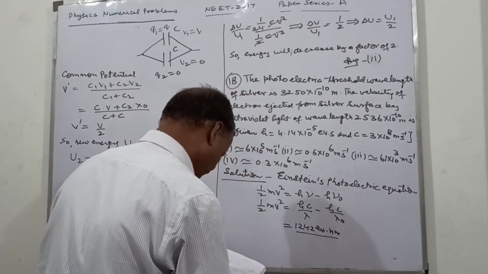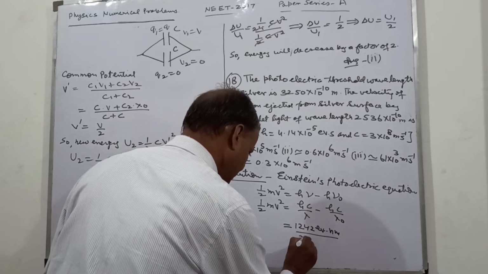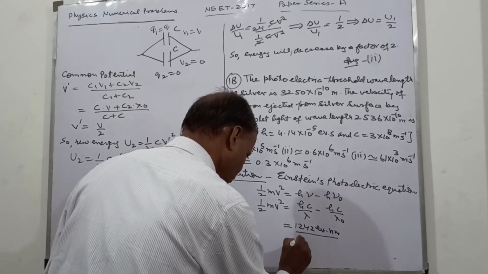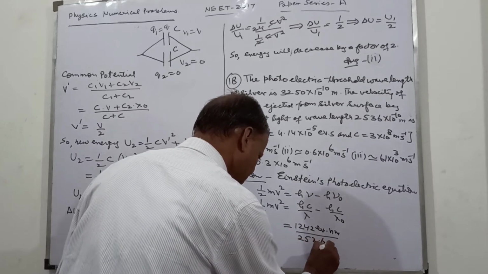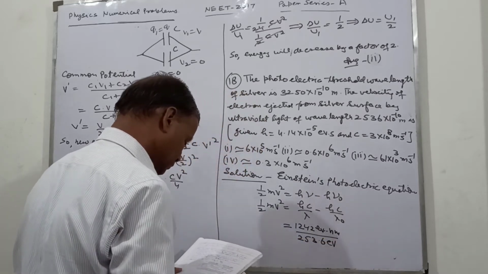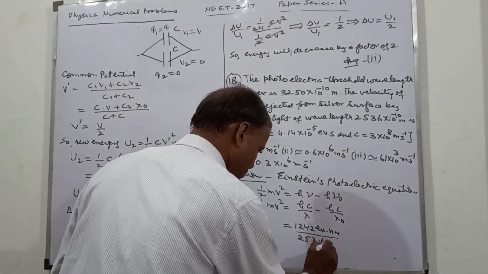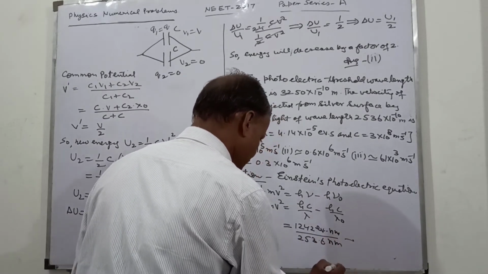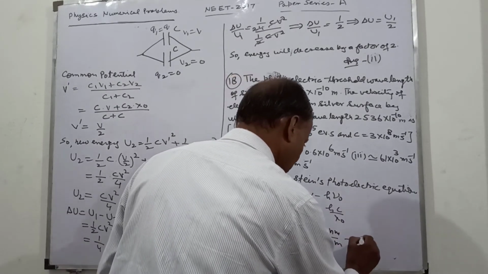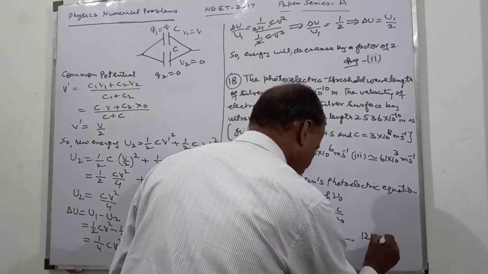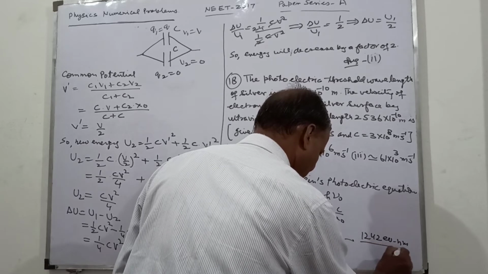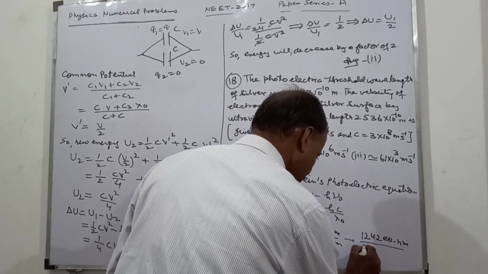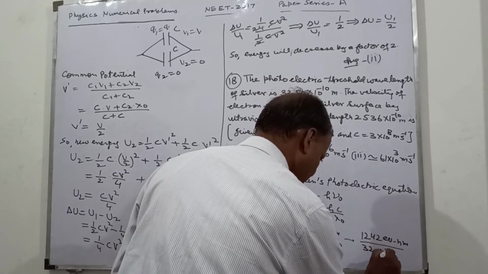So upon 253.6 nanometer, minus 1242 electron volt nanometer upon 325 nanometer.